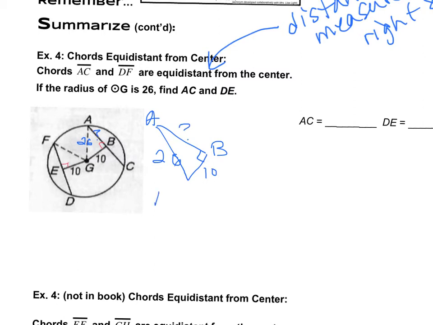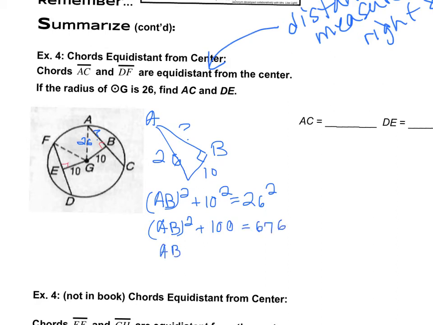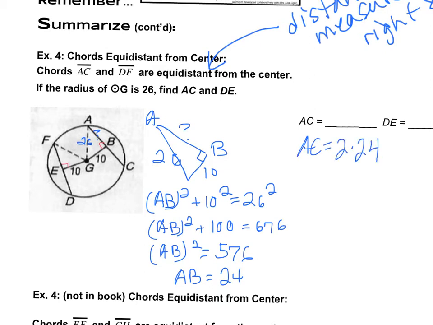So if I have AB squared plus 10 squared equals 26 squared, then I can do AB squared with some simplification equals 576, and taking my square root, I get AB is actually 24. So remember, AC is going to be twice that because it's the entire chord length, not the bisected piece. So AC is going to be 48.